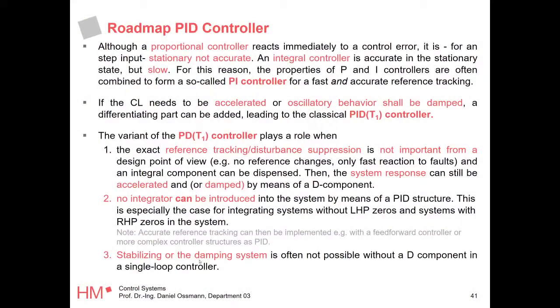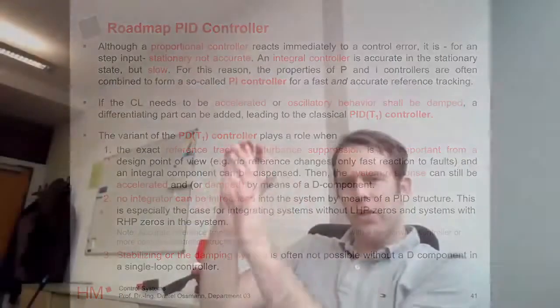Obviously, if you need to stabilize a system. So if your system is unstable, let's say you have a PT2 which is unstable and oscillating, you always need a D term in there because you cannot stabilize that system otherwise. So if your system is unstable, it's also always a good idea to think about the differentiating element in there.